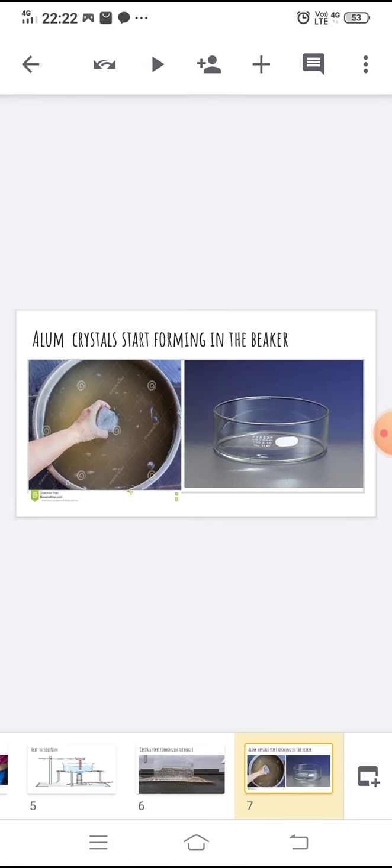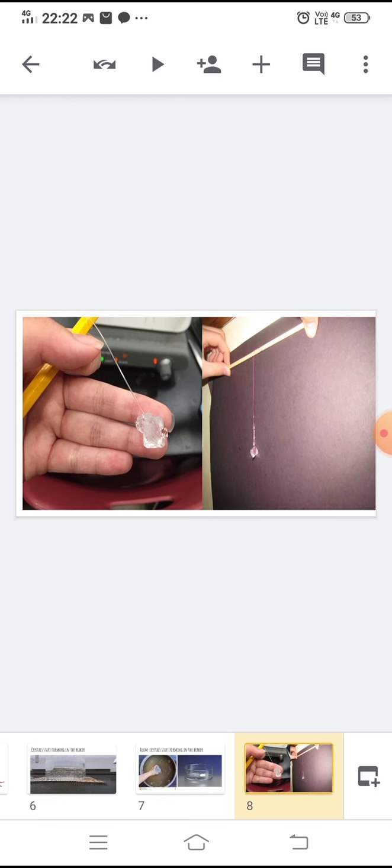Carefully pick out one crystal of alum and place it on a petri dish. Tie one end of a piece of thread around the alum crystal at one end carefully.